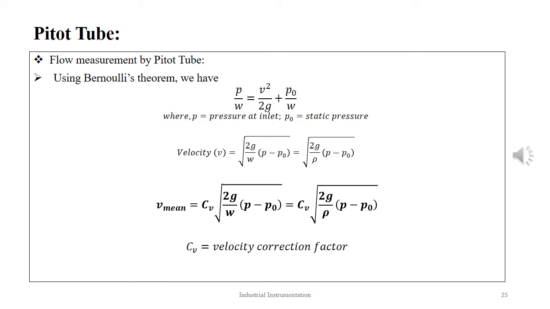Thus, the velocity profile is obtained by V equal to under root 2G by W into P minus P0, equal to under root 2G by rho into P minus P0. Thus, the mean velocity measured by a Pitot tube is given as Cv under root 2G by W into P minus P0, or Cv into under root 2G by rho into P minus P0, where Cv is the velocity correction factor.